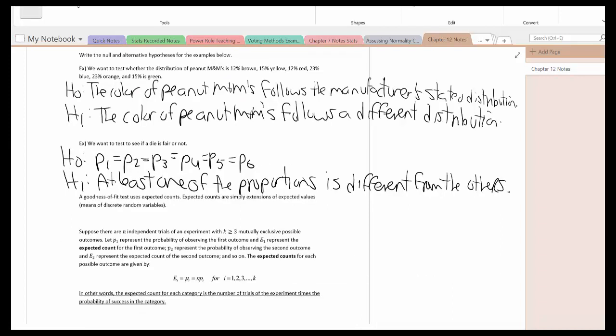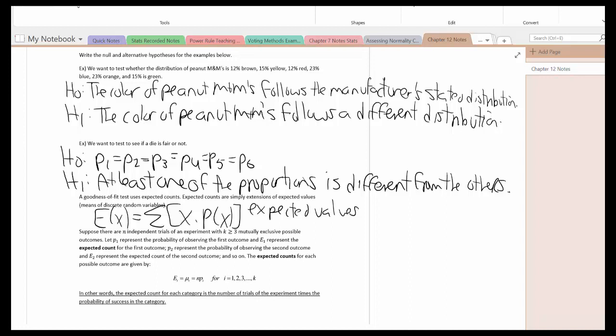So a goodness of fit test uses expected counts. Expected counts are simply extensions of expected values. Well, recall the expected value was this. Suppose there are n independent trials of an experiment with k greater than or equal to 3 mutually exclusive possible outcomes, and let P1 represent the probability of observing the first outcome, and E1 represent the expected count.